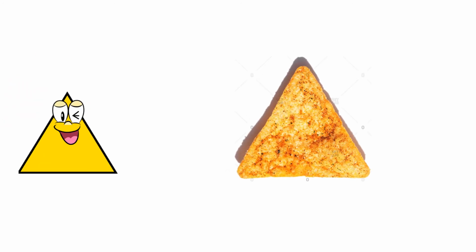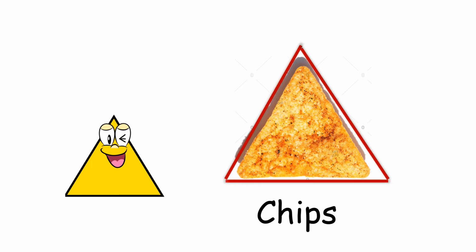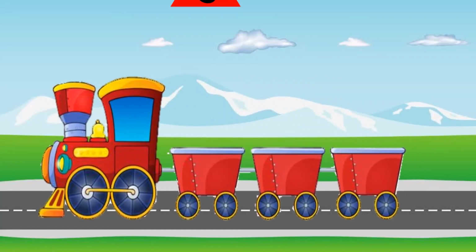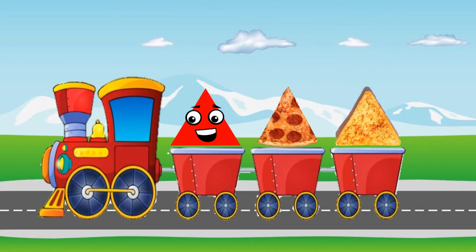What is this? Chips. It is chips. 1, 2, 3. It has 3 sides. So chips is triangular shape. Triangle. Pizza slice. Chips.